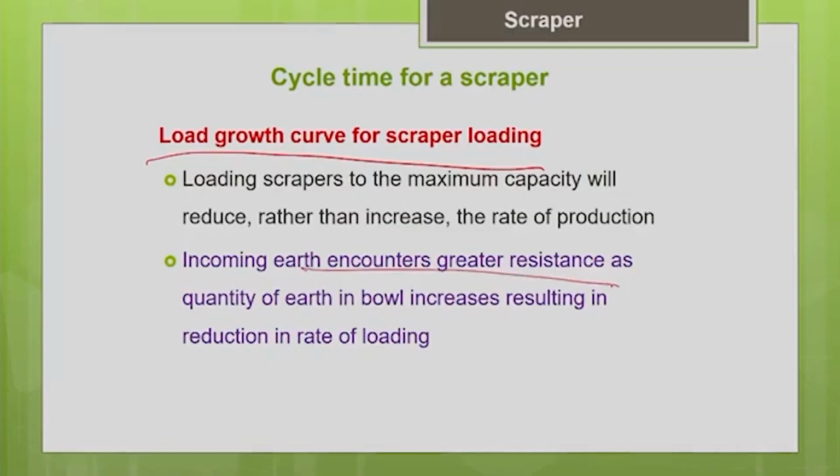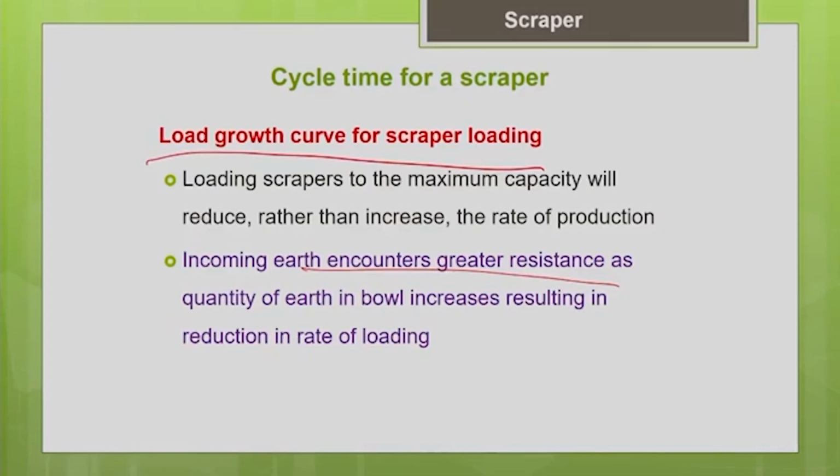Why? Because the incoming earth encounters resistance from the material which is already lying inside the bowl. The material already inside the bowl starts offering resistance to the incoming material when the bowl is almost 80-85% filled. Because of that the loading rate starts reducing. They call this the law of diminishing returns.